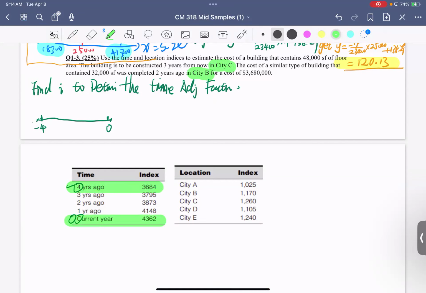If you have 10 years ago, then use 10 years ago. If you have 100 years ago, then use 100 years ago, right? Then we can convert this one to 0.